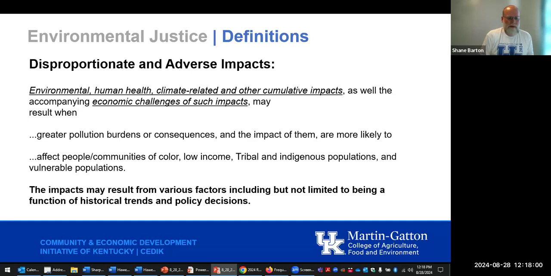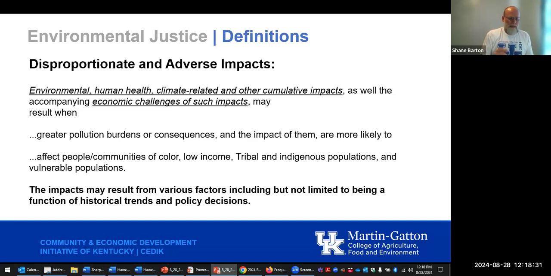So we're talking environmental, health related, climate related, or simply the cumulative impacts of a number of things. So we may be talking about a greater pollution burden here, or the consequences of all of those pollution burdens adding up. Or we may be talking about a particular community, whether it's a community of color or low income, tribal or indigenous affiliations, and then this idea of vulnerable populations.